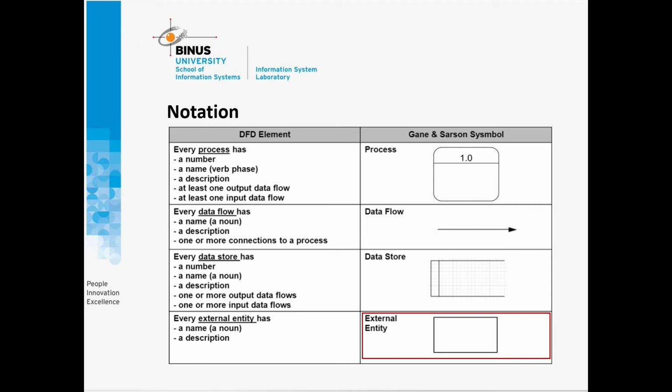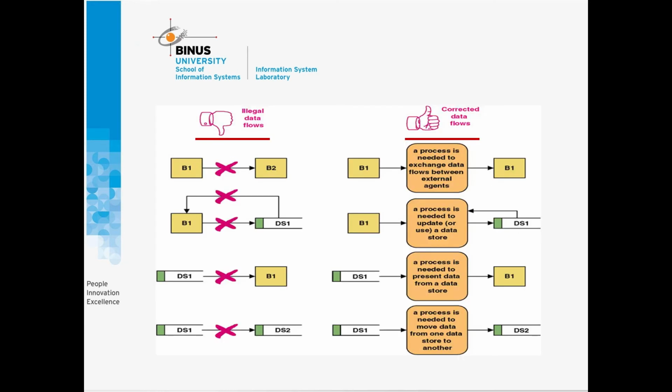An external entity is a person, organization unit, or system that interacts with the system. The external entity typically corresponds to the actor identified in the use case. External entities provide data to the system or receive data from the system. Maybe you will find a different version of data flow diagram notation, but remember, in this practicum class, we use this notation.